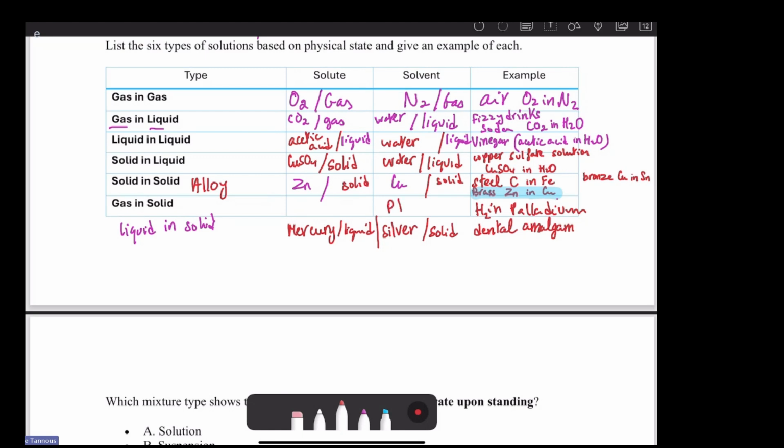Palladium is the solid, and hydrogen is the gas. I can't think of other examples. Let me check if I can find more simple examples.